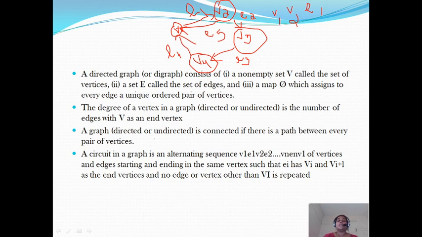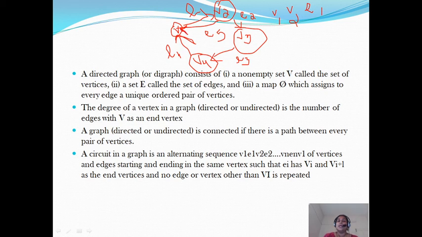Okay. Next is the degree of the vertex. The degree of a vertex in a graph is the number of edges with V as the end vertex. For example, the degree of V1 here is 2, because one edge is coming to it and another edge is also coming to it.